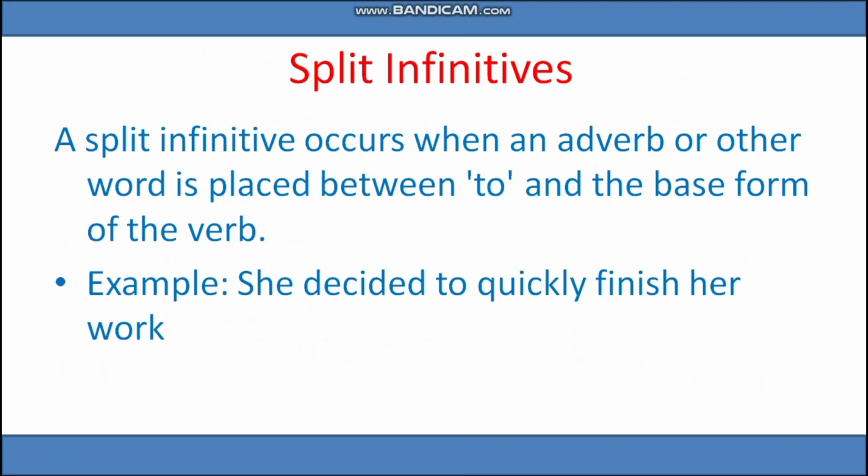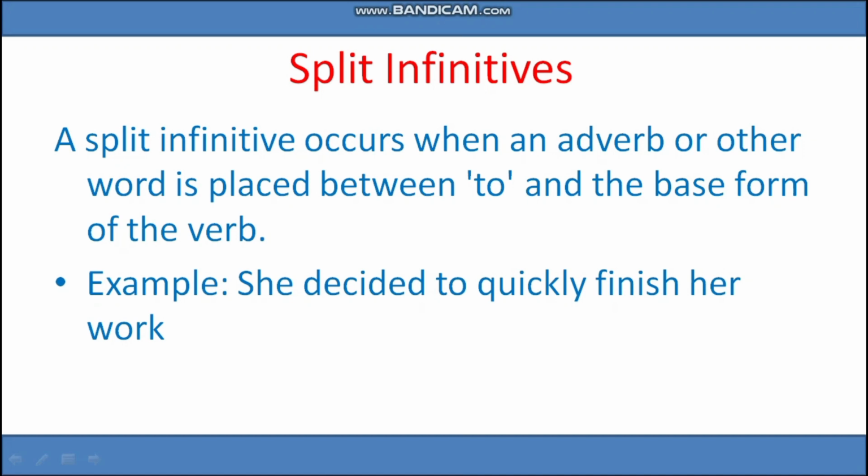Split infinitives, the last topic. A split infinitive occurs when an adverb or other word is placed between to and the base form of the verb. Now we have one sentence only. She decided to quickly finish her work. To comes before the base form of the verb, we already know.